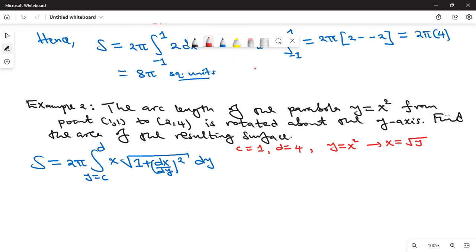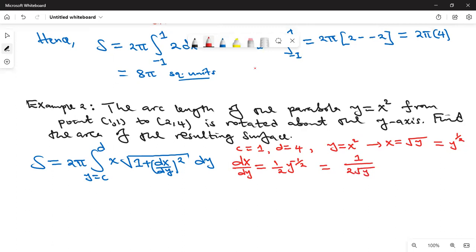Having found that, we need now to find dx over dy. Remember root y is the same as y raised to 1 over 2. So that should give us 1 over 2 times y raised to negative 1 over 2, which we can as well write as 1 over 2 root y.